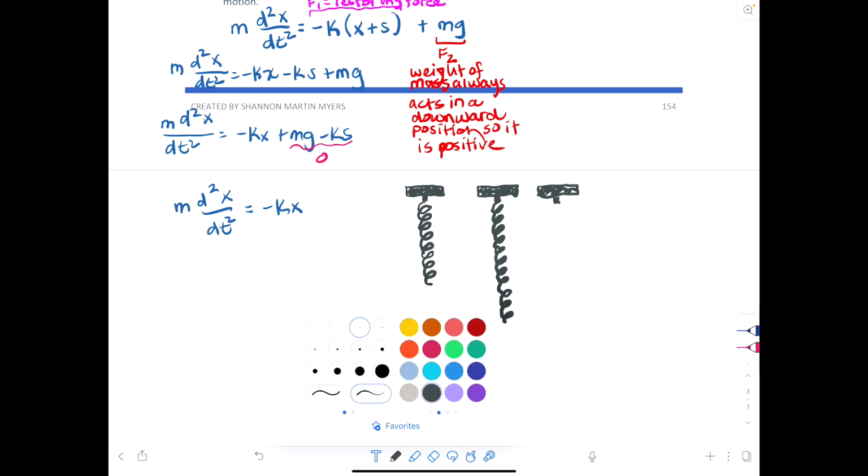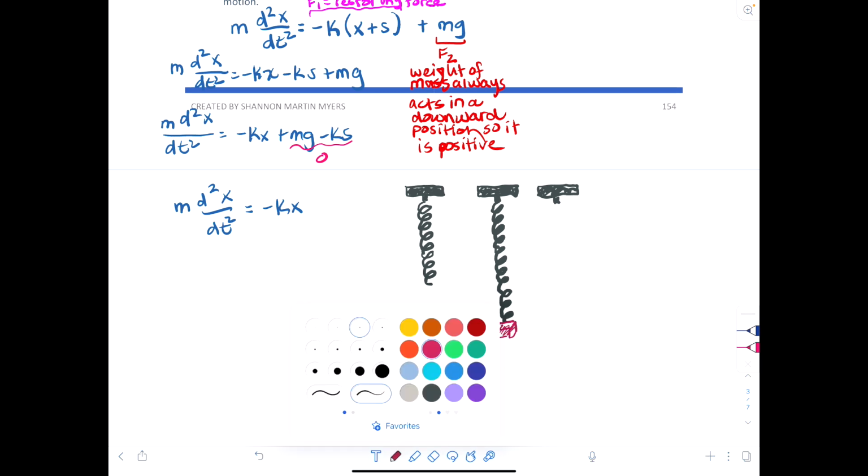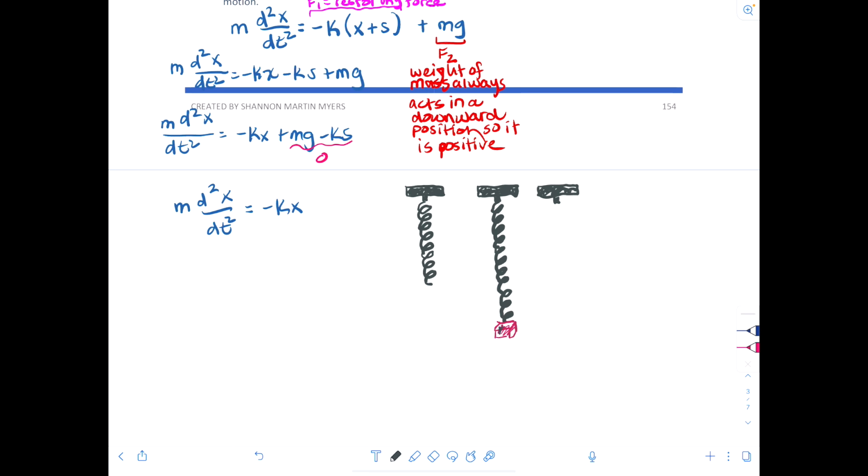And so you've got some sort of mass on there. And so this is our mass.